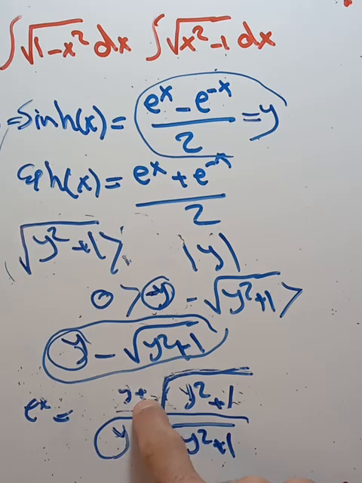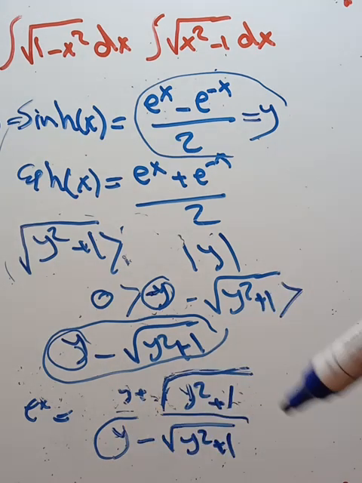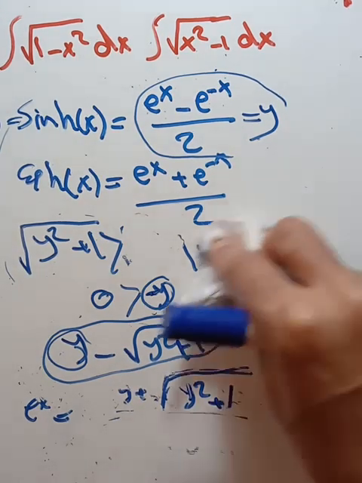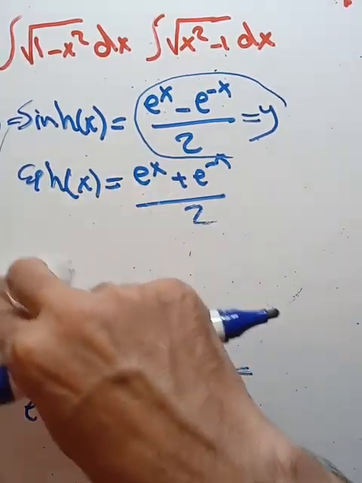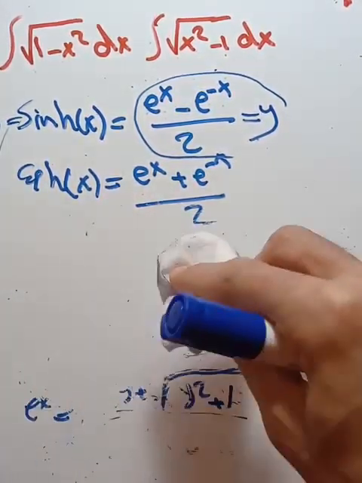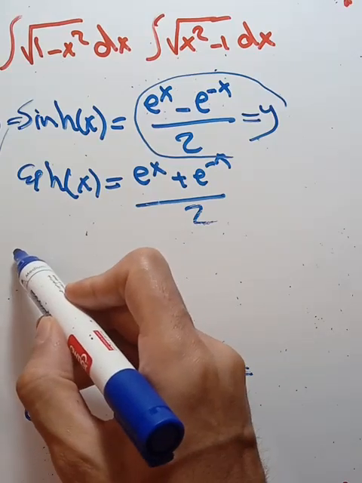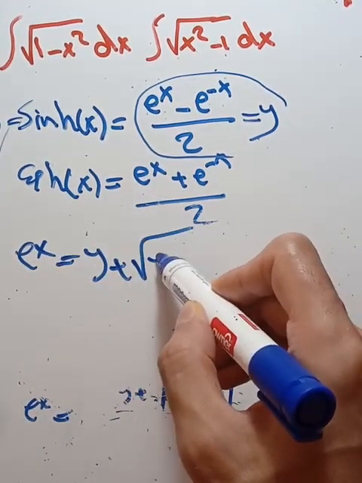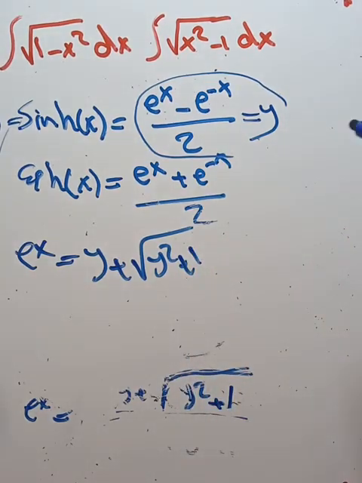So the negative here is not acceptable, and e to the x equals y plus the square root of this. e to the x equals y plus the square root of y squared plus 1.